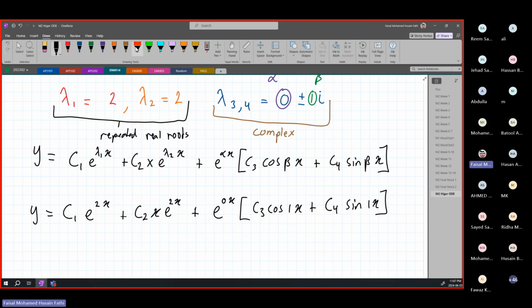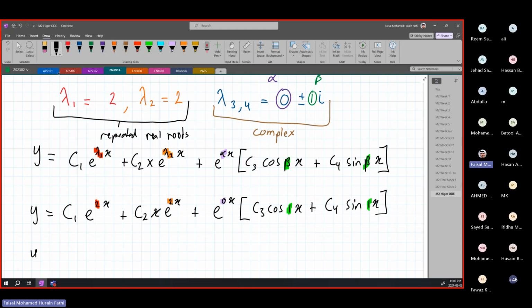All right, so again, this 2 is lambda 1, this 2 is lambda 2, this 0 came from alpha, and these two values are beta, the one here and the one here.